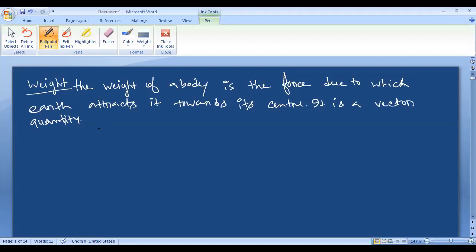So next, the SI unit of weight. SI unit of weight is Newton, or you can write capital N. And it is measured by a spring balance.